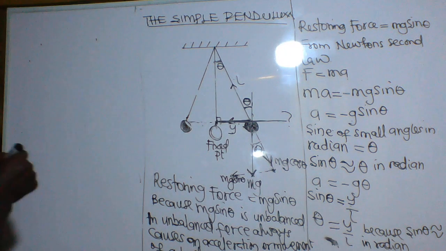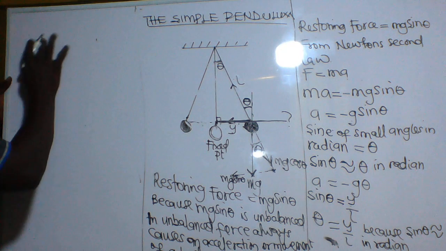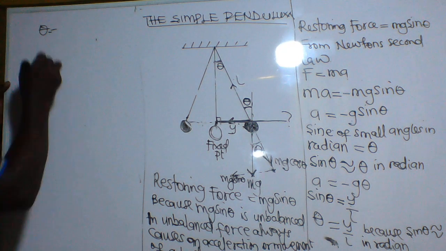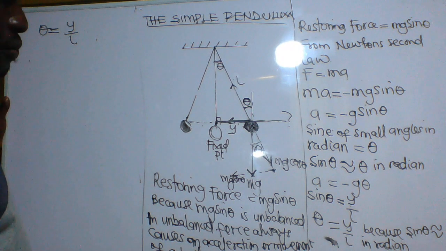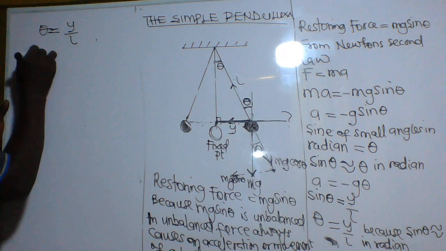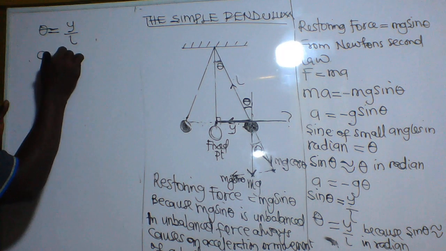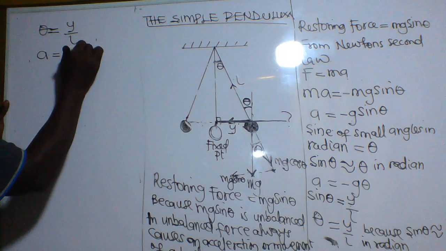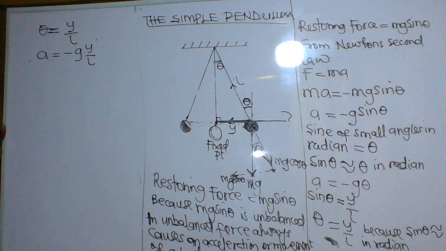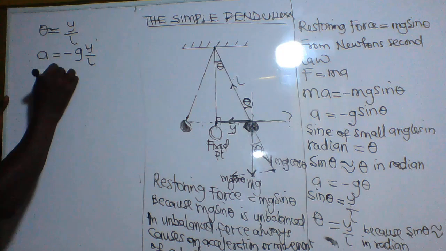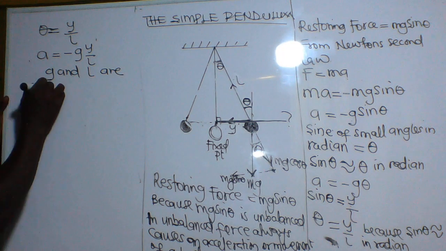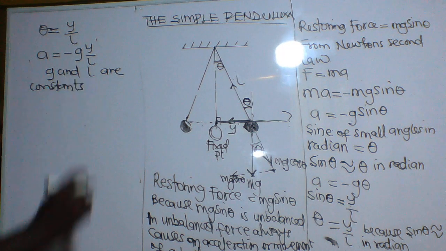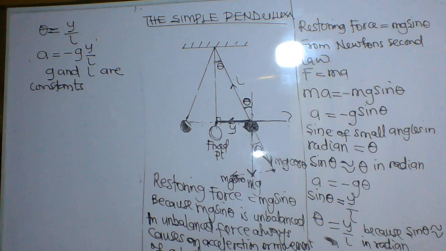So if theta is equal to y on L, then I can say that the acceleration A is equal to minus g y on L. Now because g and L are constants, yes, g is gravity, L is the length of the string, it can always be determined.